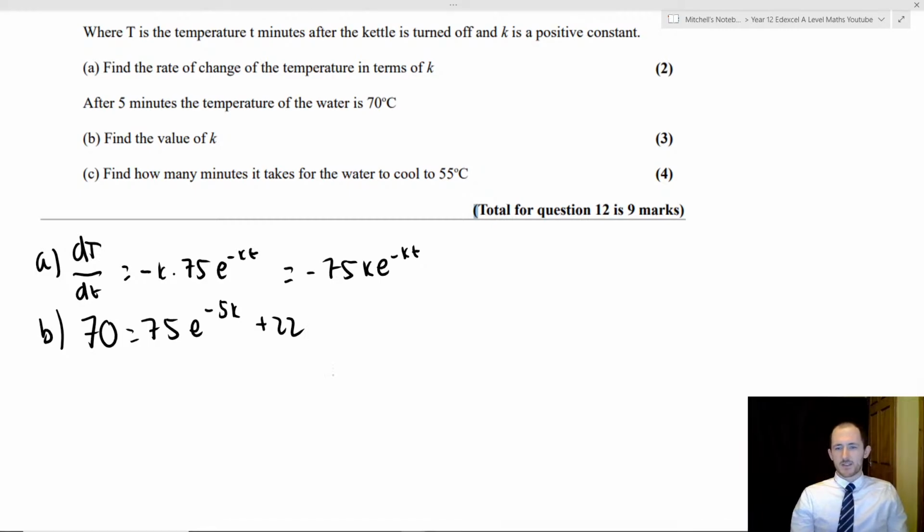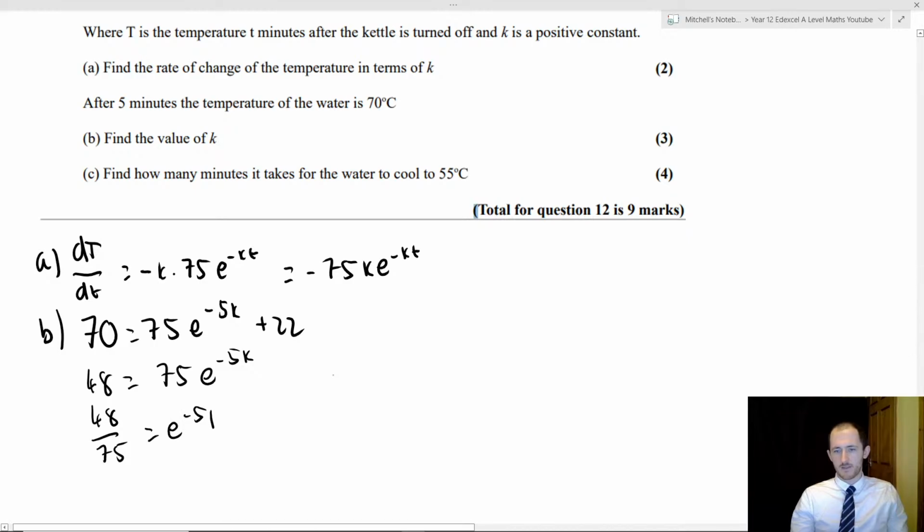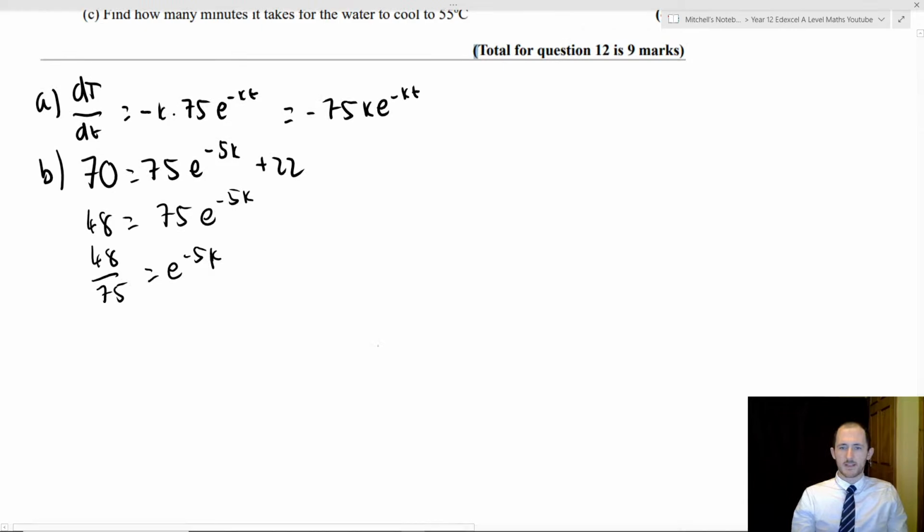Okay? So, minus 22 from both sides. That gives me 48 equals 75 e to the minus 5k. Divide both sides by 75. We have 48 over 75 equals e to the minus 5k. Take the natural log of both sides. So we have ln, and the reason it's the natural log is because my power is e.